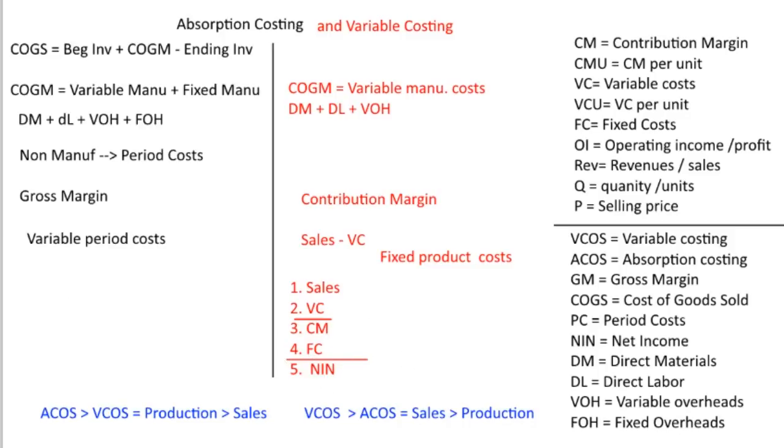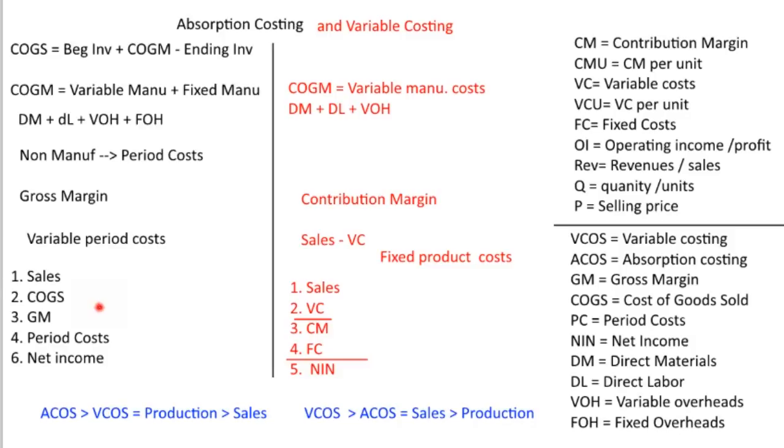Now for your absorption costing, your first step will be your sales as well. Second step will be to minus from it your cost of goods sold. Your third step will give you your gross margin. Your fourth step will give you the period costs. And your sixth step will give you your net income.